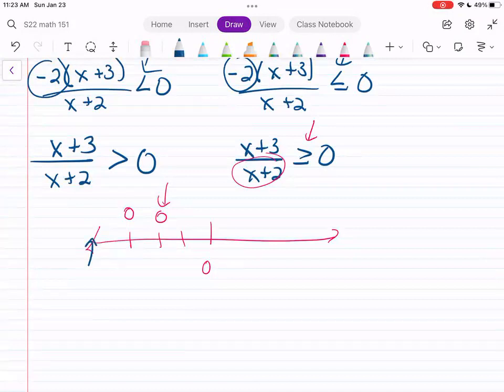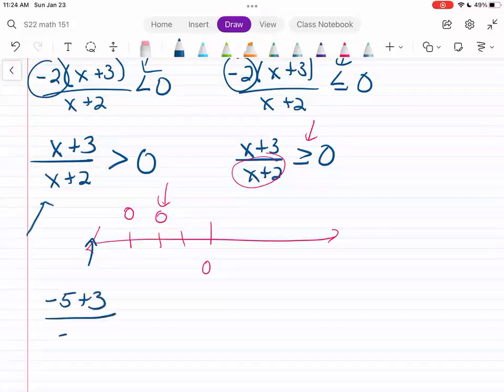When I plug in negative 5, sorry, I left off my values here, negative 5 plus 3, going back to this equation, over negative 5 plus 2. And notice that comes out to be a positive number, a negative divided by a negative, which makes this statement true. This is included in the interval.